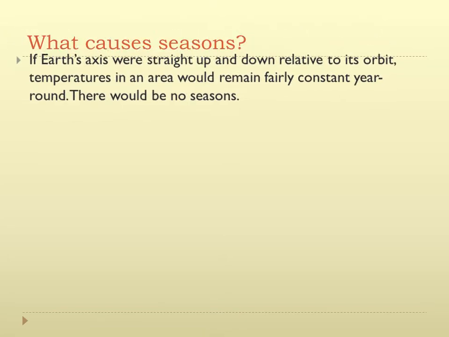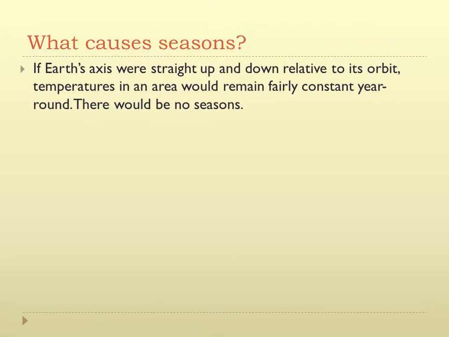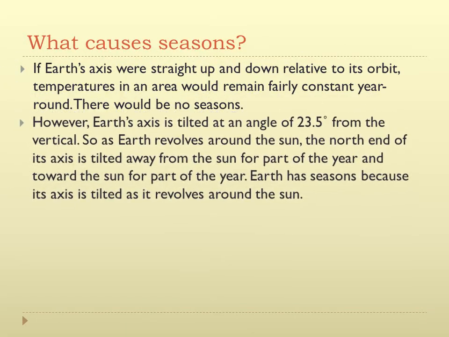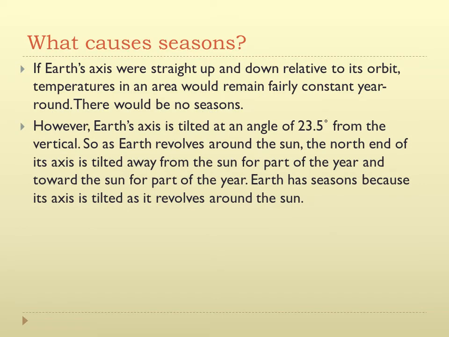So what causes seasons? If Earth's axis were straight up and down relative to its orbit, temperature in an area would remain fairly constant year round. There would be no seasons. However, Earth's axis is tilted at an angle of 23.5 degrees from the vertical.